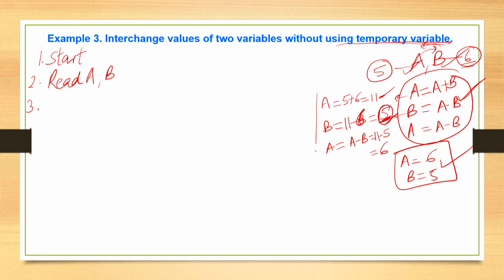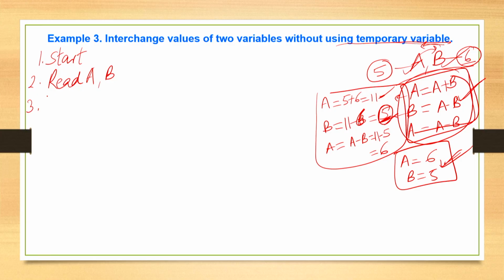Yes, these steps are to be followed to get this result. Actually we also want to see the values of A and B before swapping and the values of A and B after swapping. So for that we have to write one more step, that is print the values of A and B, that is, before swapping. Then do what?